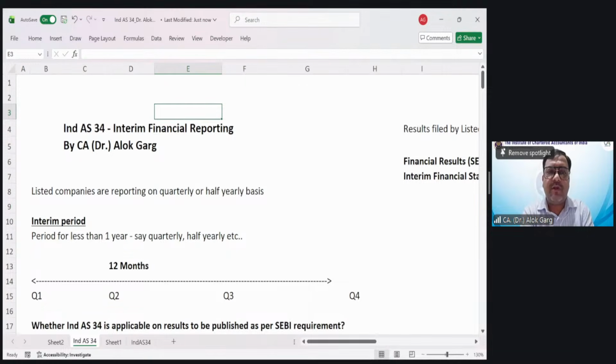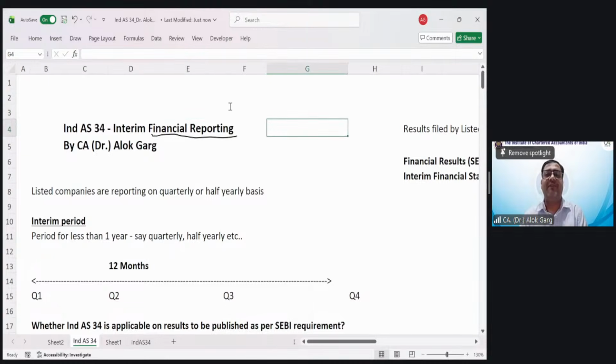If I talk about the word financial reporting, it means reporting of financials, reporting of financial statements. So it is talking about preparation of financial statements and accounting of financial statements.